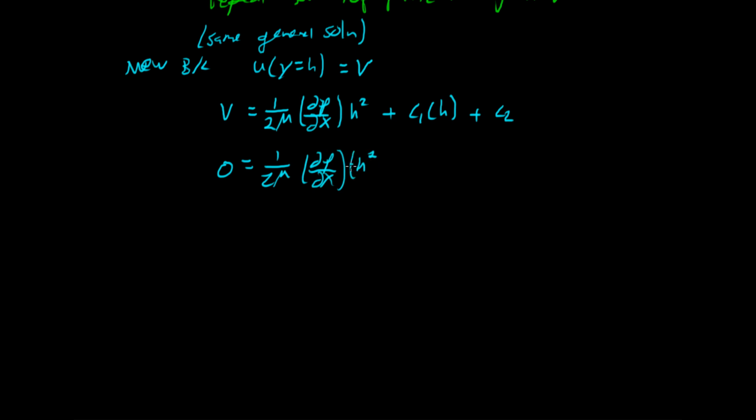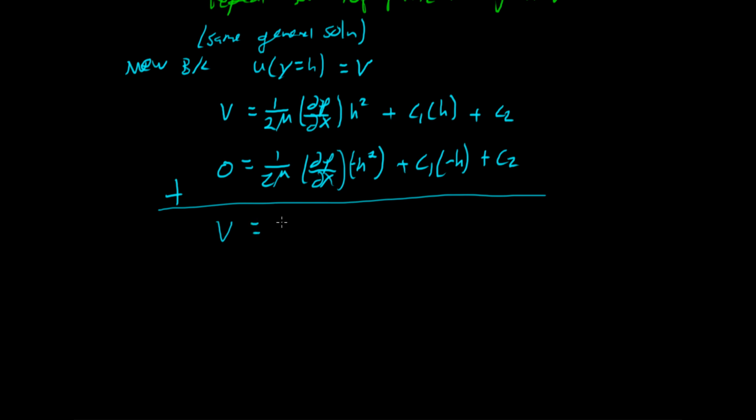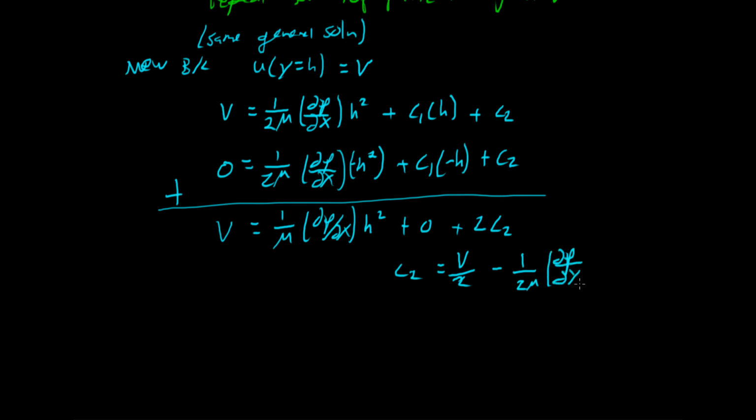H squared, remember there's minus h squared there, plus c1 times minus h plus c2. Again, we can add these together, and we get now v is equal to 1 over mu times dp dx times h squared, like we did before. This term again goes to 0 and to c2. And so that tells us now c2 is equal to v over 2 minus 1 over 2 mu dp dx times h squared.